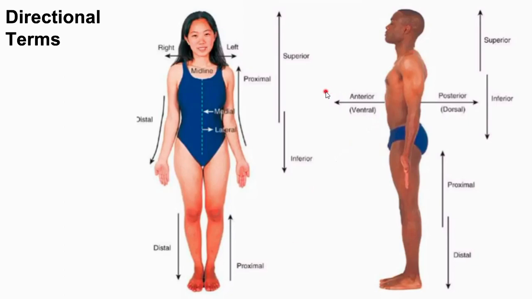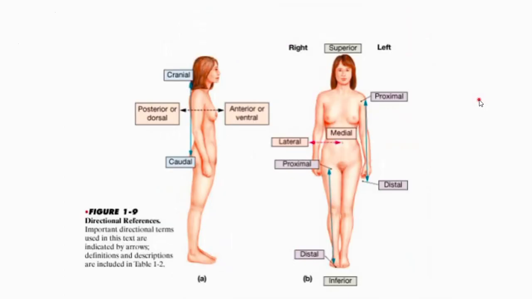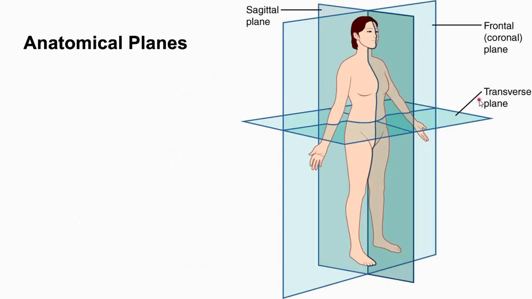We have the anterior, which is the ventral or in front, and the posterior, which is the dorsal and means at the back. More diagrams just for reference and understanding. The last part we are going to look at is the anatomical planes.